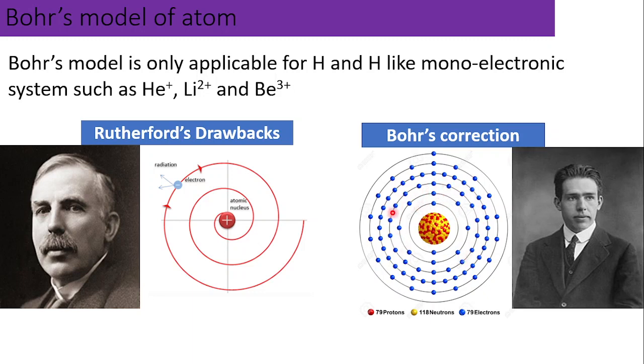You can see in this diagram, there are some fixed paths around the nucleus, and the electrons can move only in these fixed paths. The most important postulate of Bohr's theory is that when an electron moves in an orbit, it cannot radiate energy, because it is moving with the energy of that particular orbit, and the orbit has a fixed value of energy.